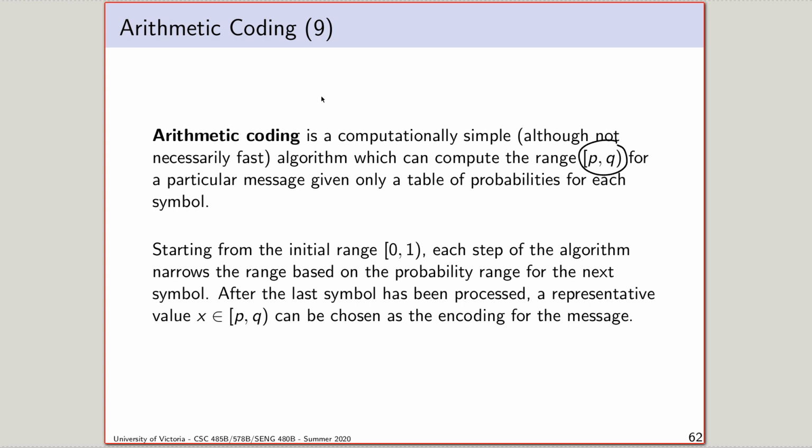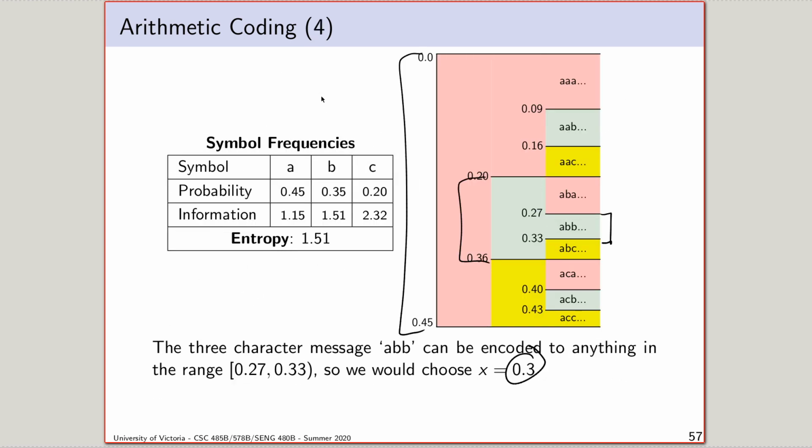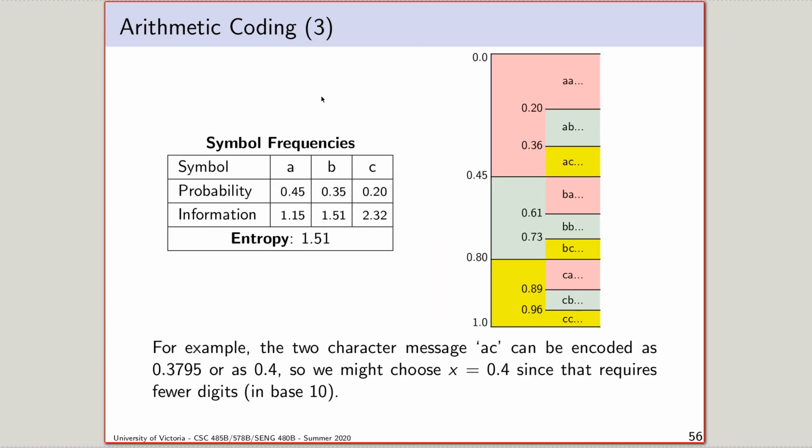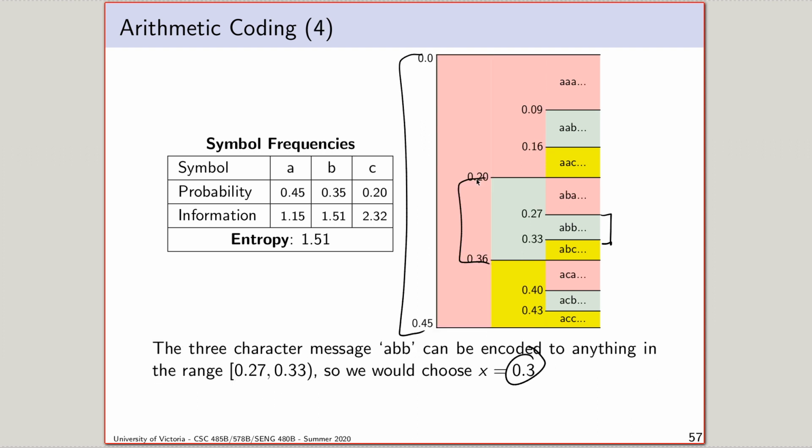And so what we do is we begin, like we did back here, we start at the range 0 to 1. And at each step, we refine our window. If my first character is A, then my window changes because I know first I had no characters to begin with. Now I see an A. And I know that A's have to lie in the first 0.45 of my current window. So my window narrows in to be 0 to 0.45.